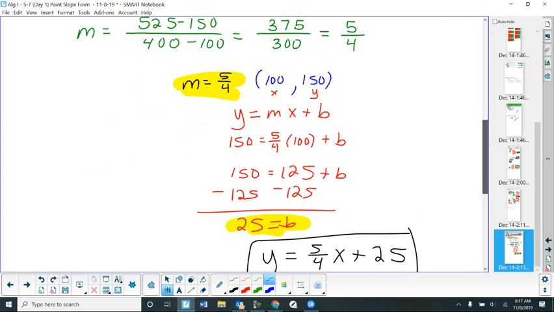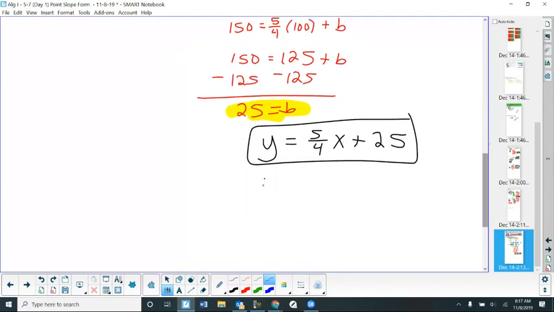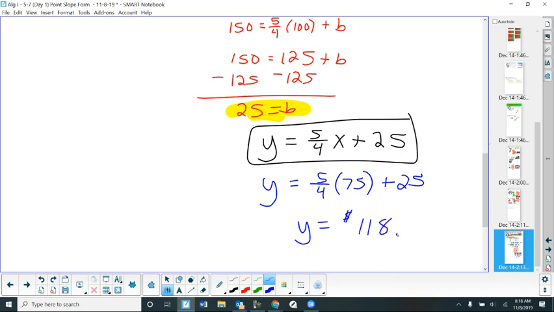So everybody, what do I do for the cost at 75 square feet? Just plug in 75 for what? So everybody, I should hear your calculators going to town. How much does it cost? How much did it cost? $118 and what? 75 cents.